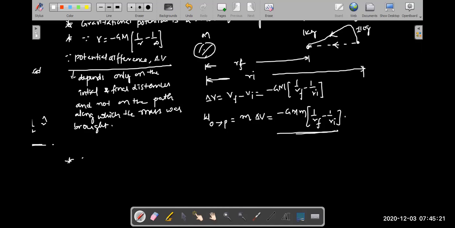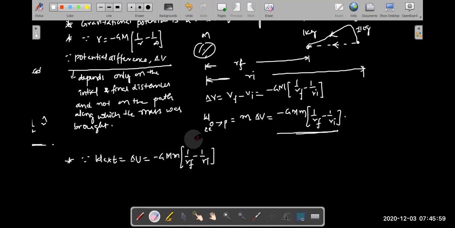Let's see. We know that work done by external agent is equal to change in gravitational potential energy, so this is nothing but minus G capital M small m, 1 by R final minus 1 by R initial. Sir, isn't it m delta V? Yes, m delta V. So delta V is minus G capital M 1 by R final minus 1 by R initial, multiplied with small m.